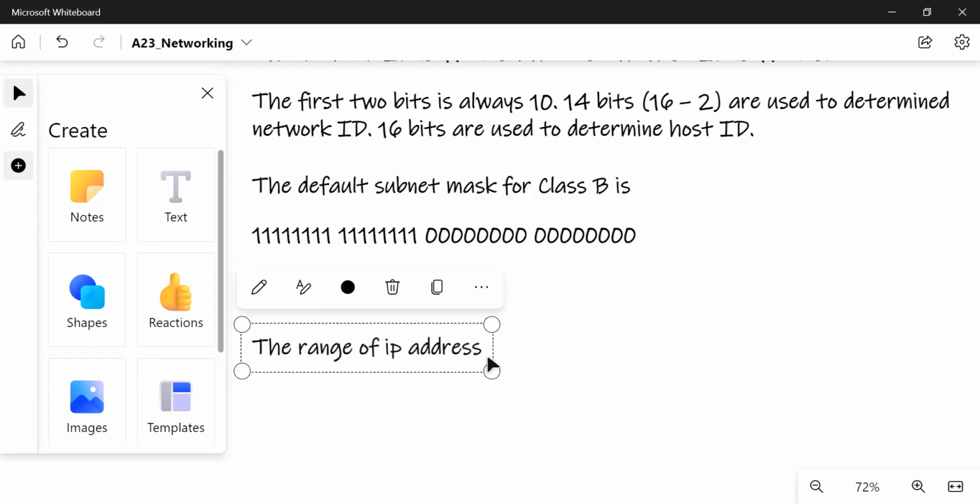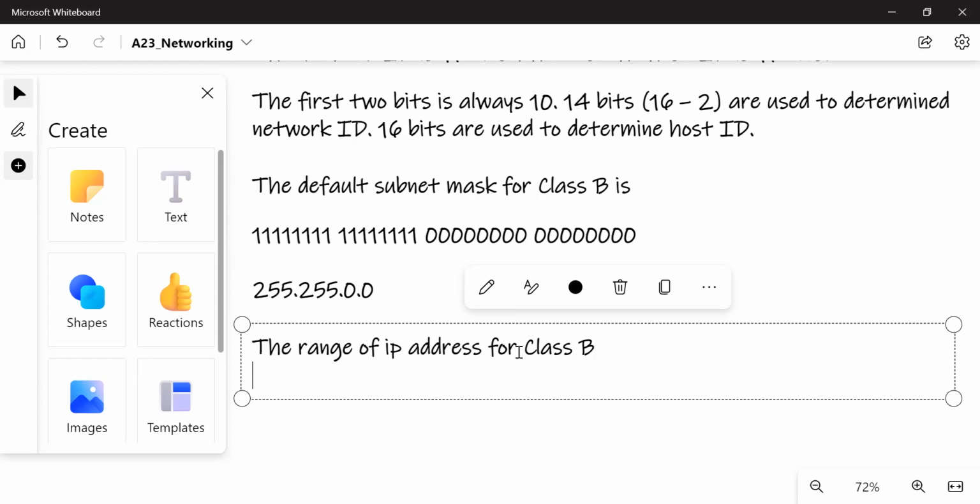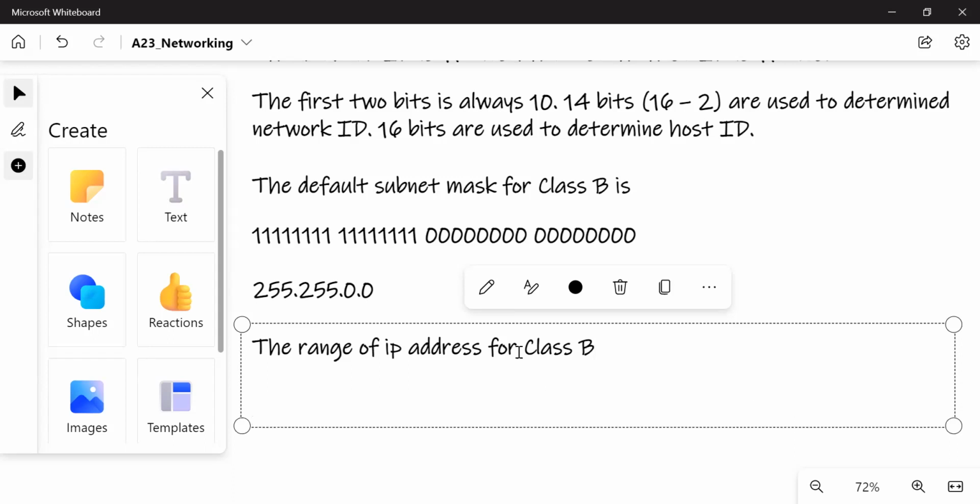We can say a range of IP addresses for class B. Remember, the IP addresses always start with 1 and 0, as we talked about earlier.